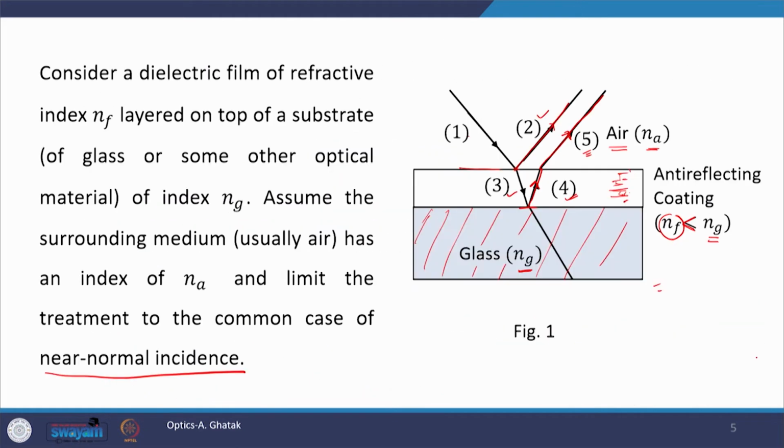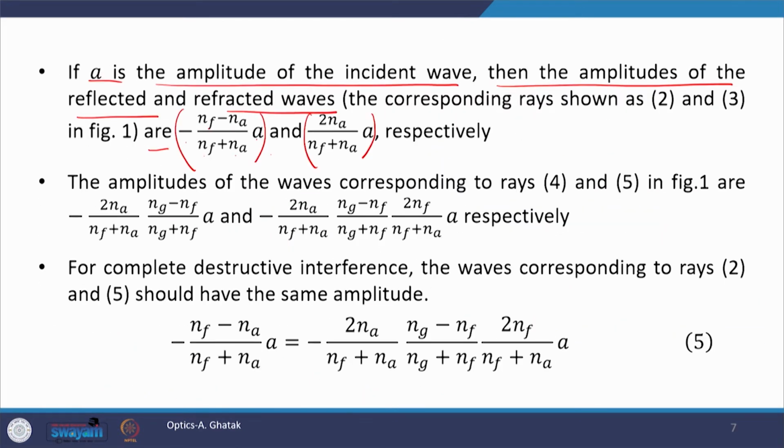Because while calculating the reflected amplitude we used (N1 minus N2) upon (N1 plus N2) into A, the incident amplitude, but here N1 is air and N2 is film, and the refractive index of air is smaller than that of the film. Therefore, we take the minus sign out and write it as Nf minus Na upon Nf plus Na.